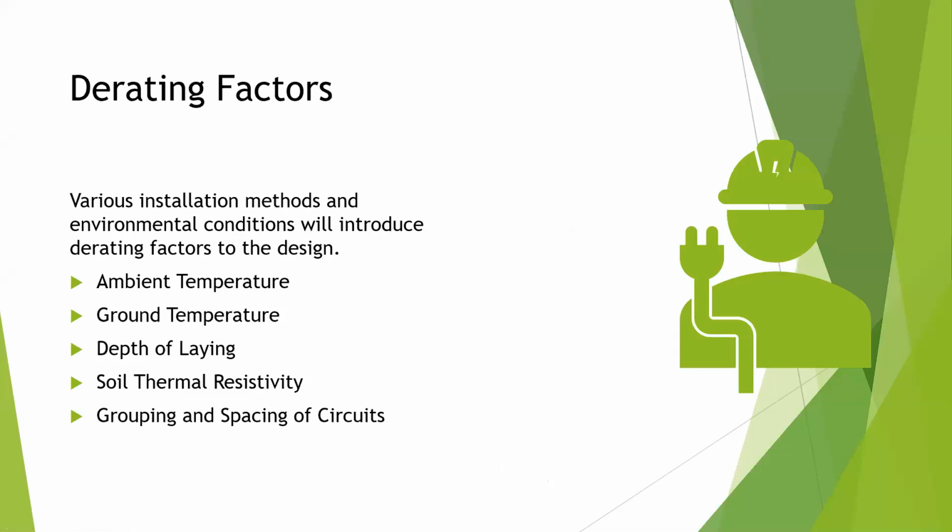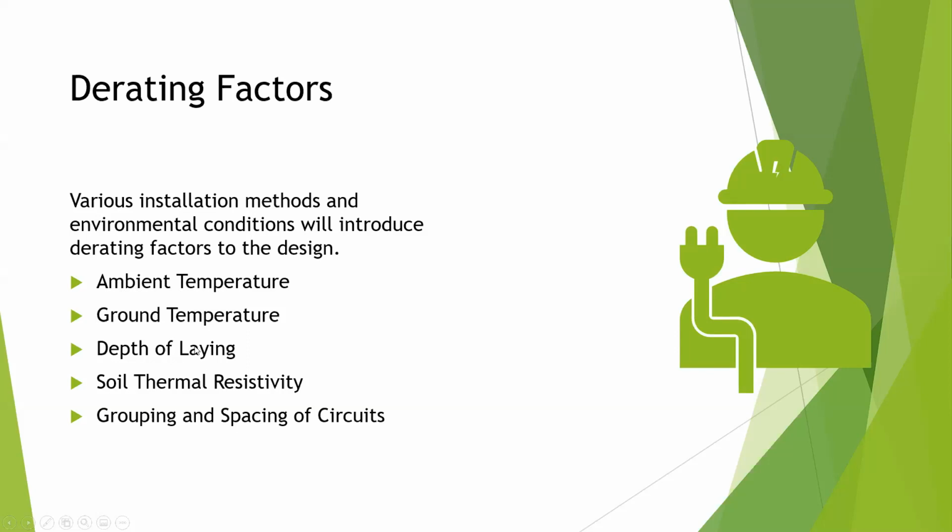As I said, various installation methods and environmental conditions introduce derating factors to the design. The most used one is temperature. Here we are going to talk about underground cables and also cables installed in the air. We have two temperature criteria: ambient and ground. If the cable is underground, we consider ground temperature.